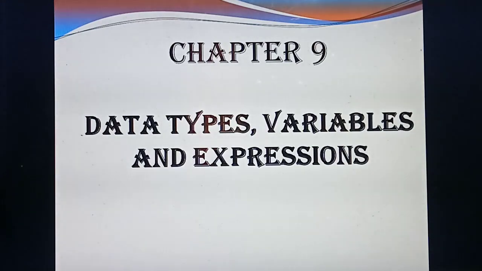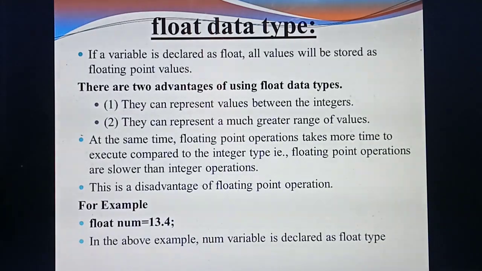Integer, character, float, then double as well as void. Last class I taught int as well as character, two data types, with one sample program. Today we are going to study the third data type.